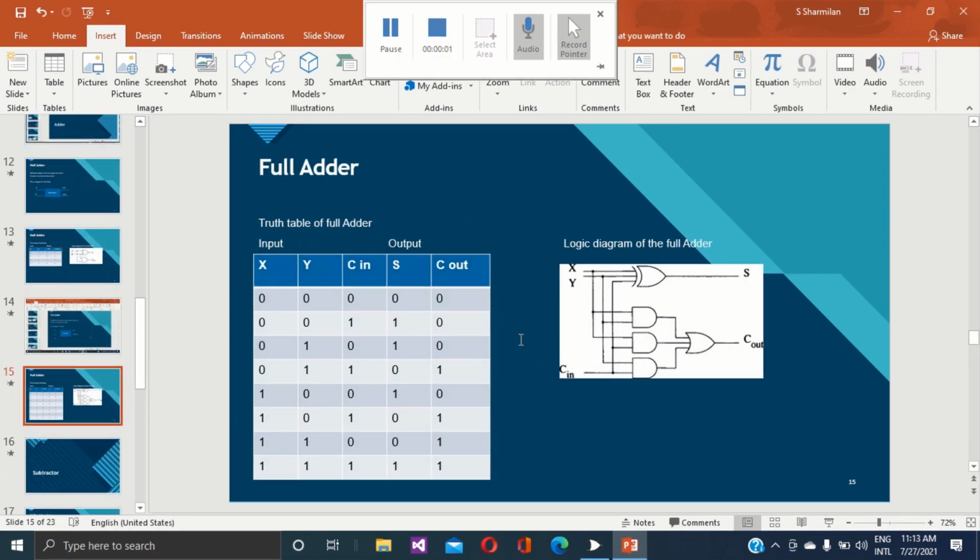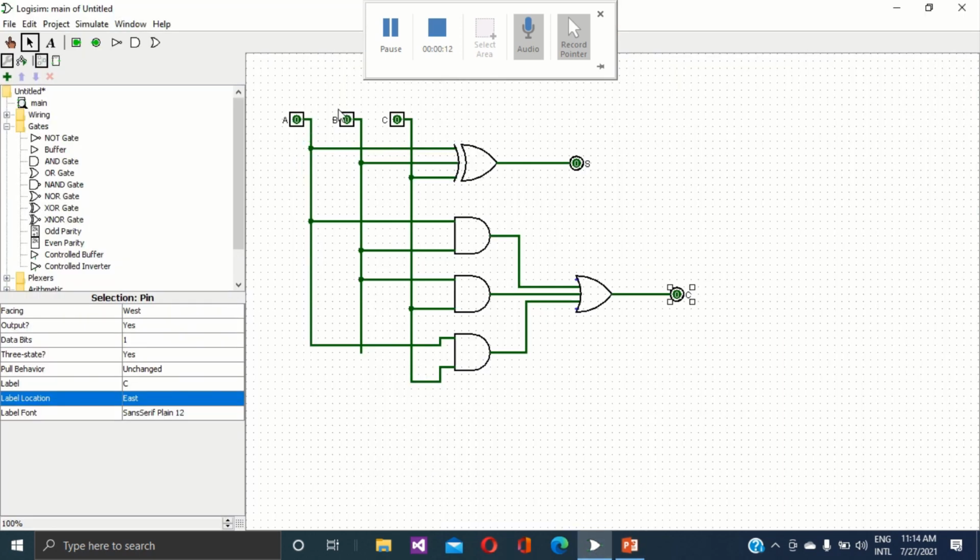Now we are going to check our truth table. Here x equals 0, y equals 0, cin equal 0. Here all are 0. My output is sum equals 0 and carry C equal 0.